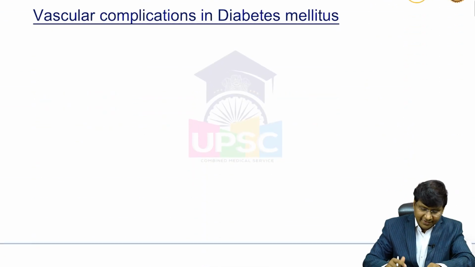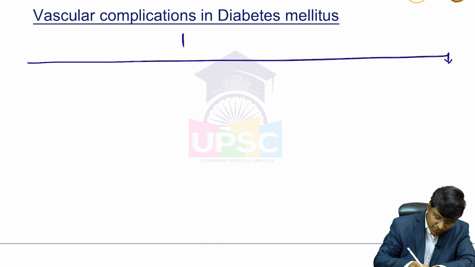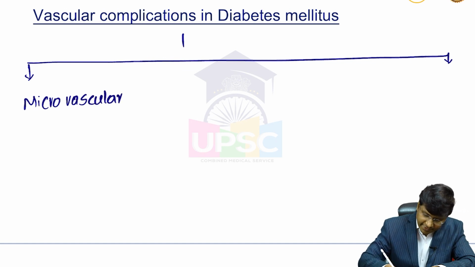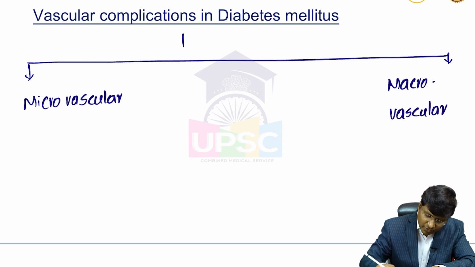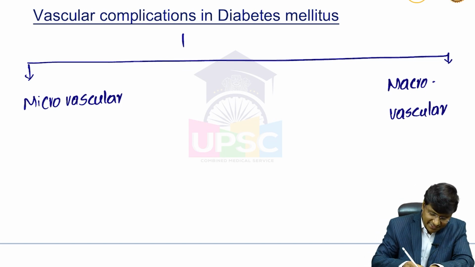Then coming to the vascular complications, we classify these vascular complications into two. One is the microvascular complications, then macrovascular complications. Now, what are the examples of the microvascular complications?